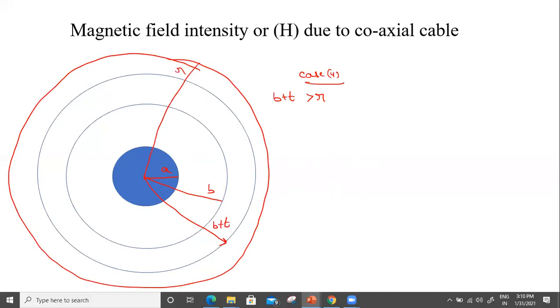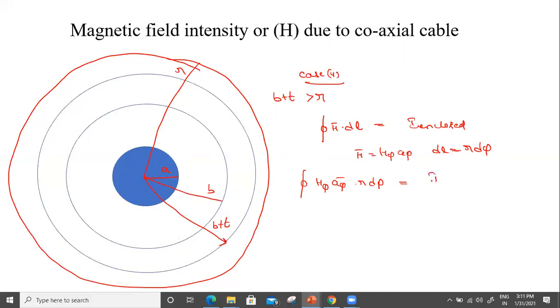For this, we need to calculate the magnetic field intensity. How to calculate it is the same, by using Ampere's circuital law. Integral H bar dot dl equals I enclosed. We know that H bar equals H phi into a phi, dl equals r d phi. If you substitute all these, H phi a phi r d phi equals I enclosed. Coming to the I enclosed, within this radius, the inner conductor is there and the outer conductor is there.